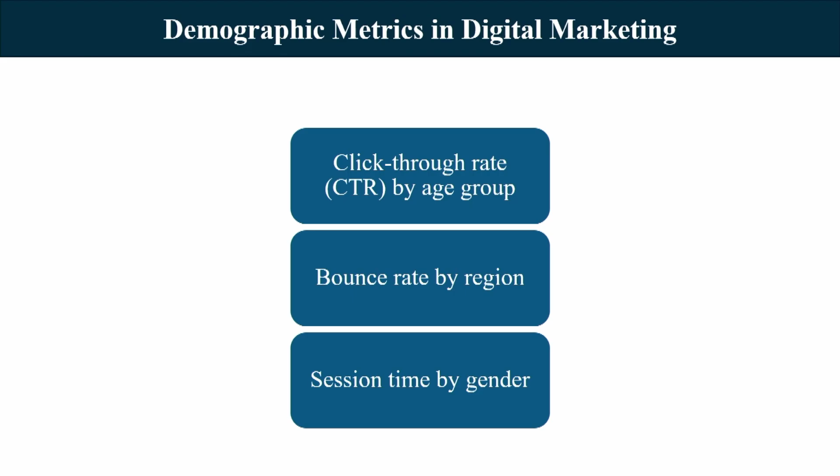Now, moving to the demographic metrics in digital marketing. We already know the demographic variables. Now, the digital marketing metrics can be invoked along with the demographic variables. One is the click through rate by the age group. Remember, in the marketing funnel class we discussed different metrics such as click through rate.